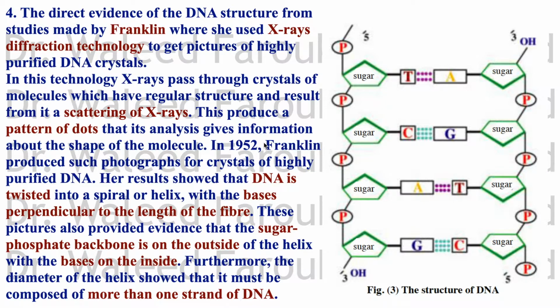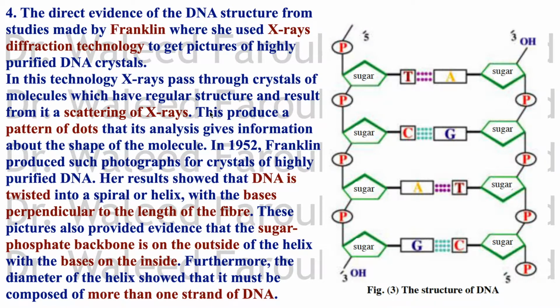Evidence about the structure of DNA is simply to take a picture of it. How to take a picture of it? By recording the pattern of scattering of X-rays off the molecule of the DNA. It can give you a great idea about the highly purified DNA and how it looks.